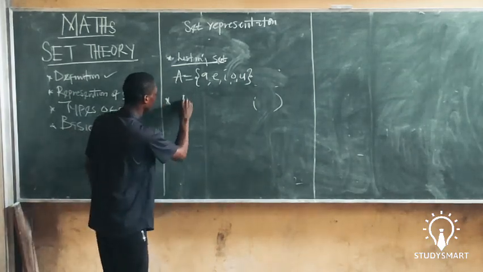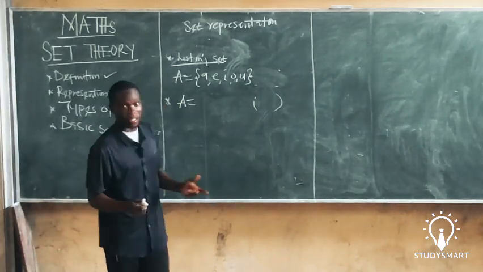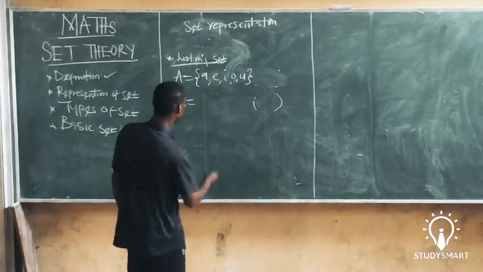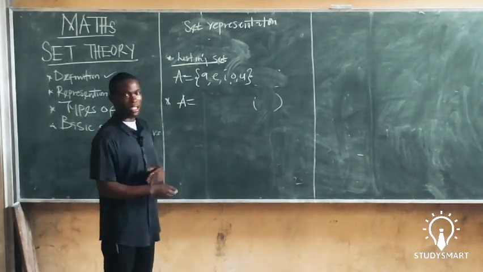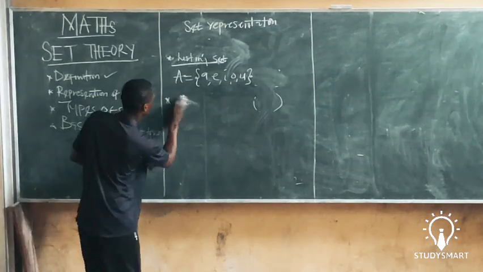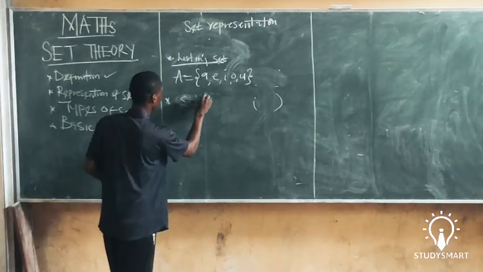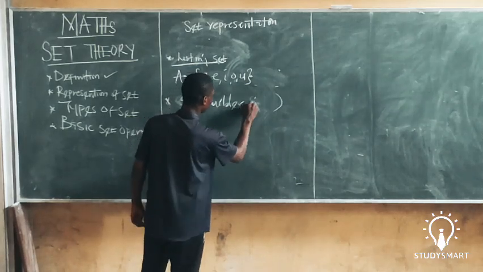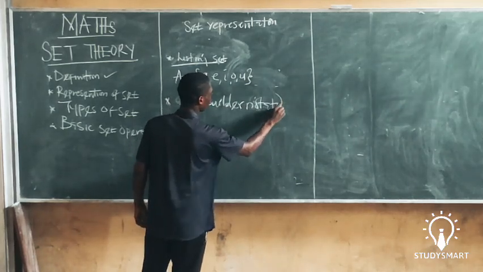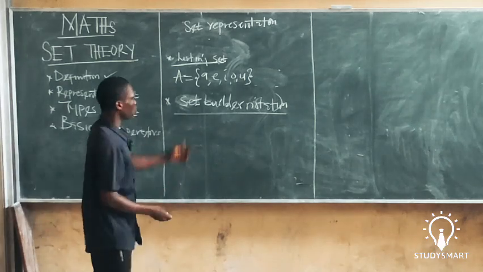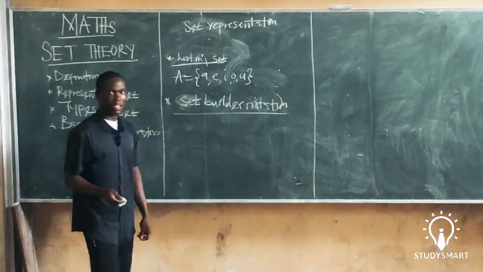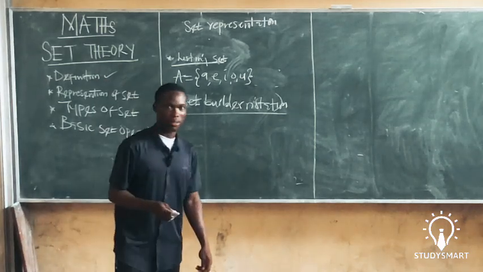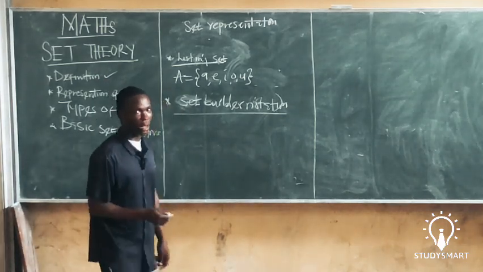If I have A to be a set of x such that x is a vowel letter, I can represent it using set builder notation. Set builder notation.